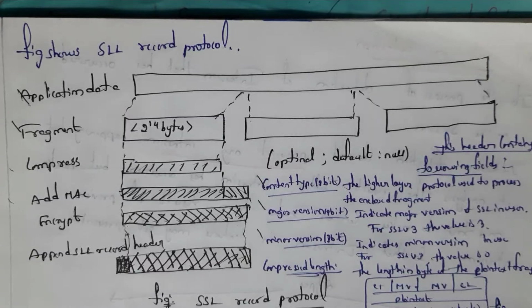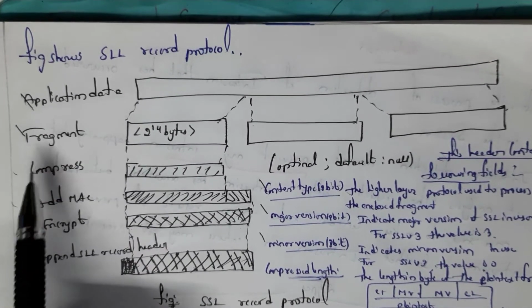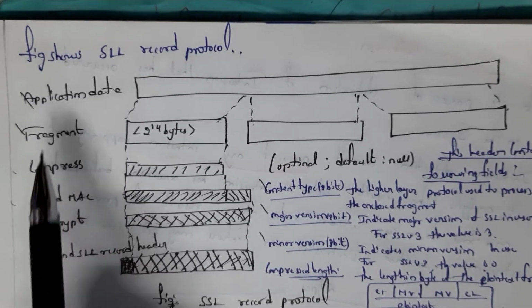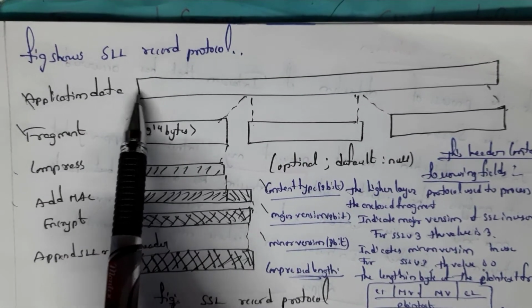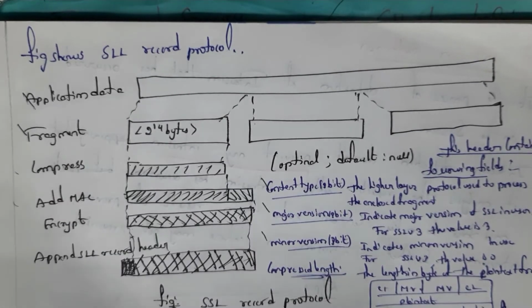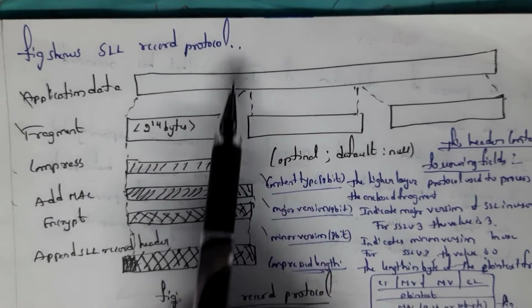Of Secure Socket Layer Record Protocol, it contains application data, then fragment, compress and add. For example, there is data, then this information is divided into some parts, some blocks, that are known as fragments.